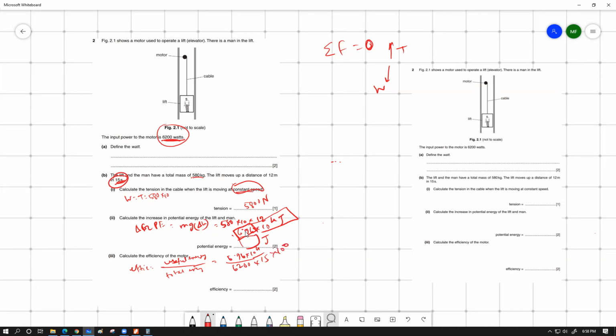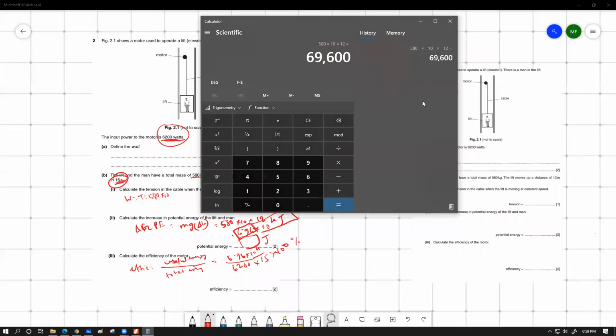I only wrote the equation over here, but you can write this much, and whatever the calculator value that you get, you can directly put it as a percentage. So I'm going to do this much divided by bracket 6200 into 15 bracket close.